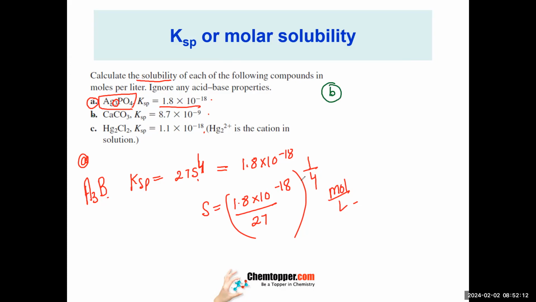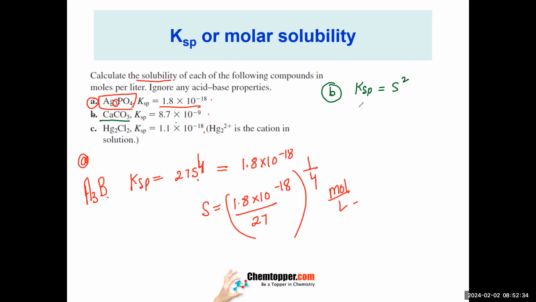Can you check this? What type of salt is this? So Ksp equals S squared. Ksp value given.